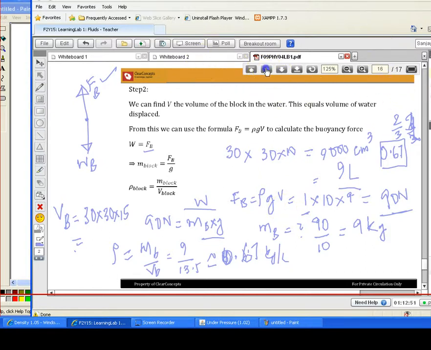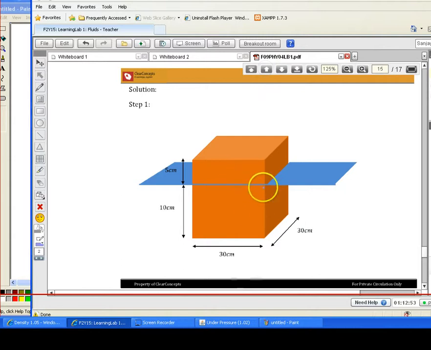So now let's look at what's happening to the block itself. What I want you to calculate is the fraction of the block that's submerged in terms of volume.